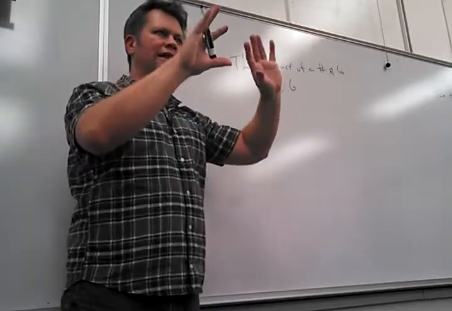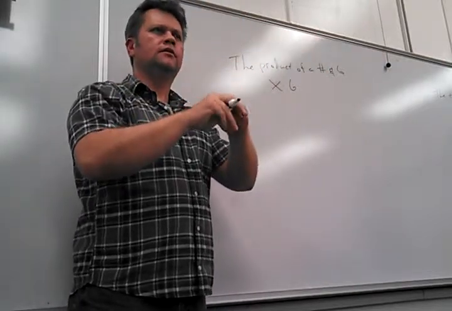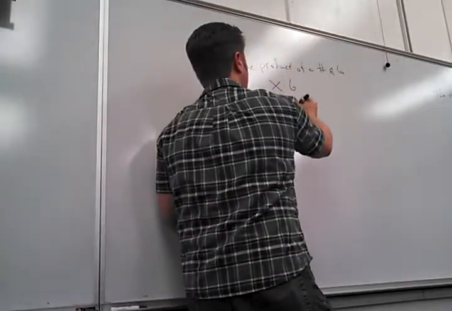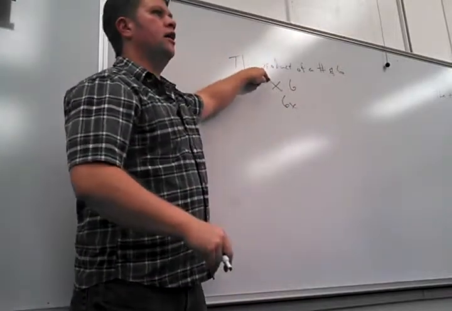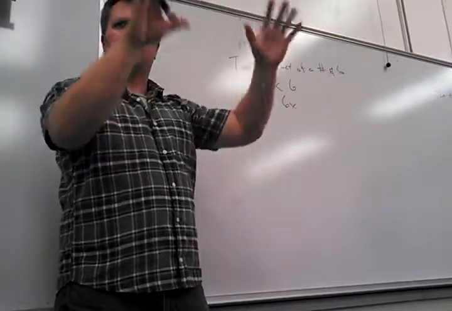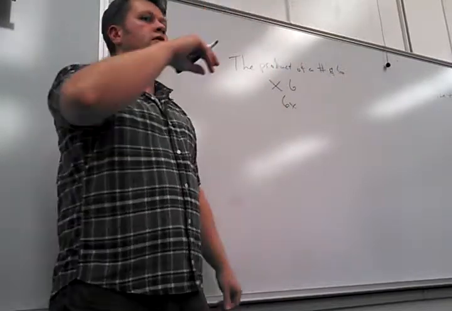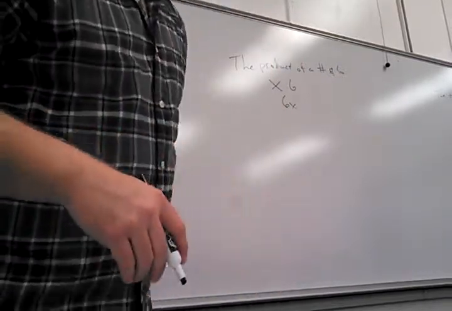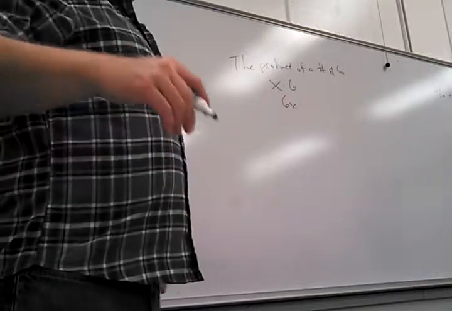What's the slightly better way to write that? 6x. That's just convention. It's not saying the other is wrong, just that conventionally we write it like that. It's a lot easier to work with. You don't have to put any symbol in between, since there's nothing there, it automatically means multiply.